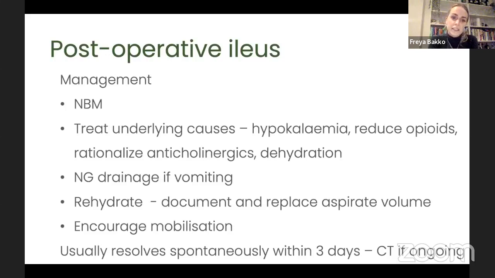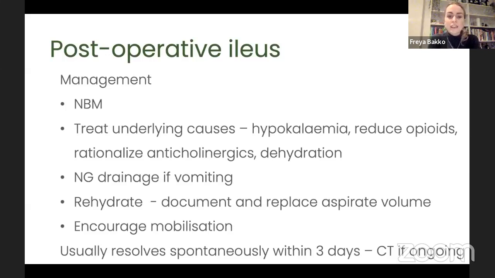If the patient is vomiting and experiencing ongoing nausea, they might benefit from NG drainage until their nausea and vomiting has settled, until they've opened their bowels again. You want to make sure they're rehydrated appropriately and encourage mobilization. Mobilization is a really effective way of getting people to open their bowels post-operatively.